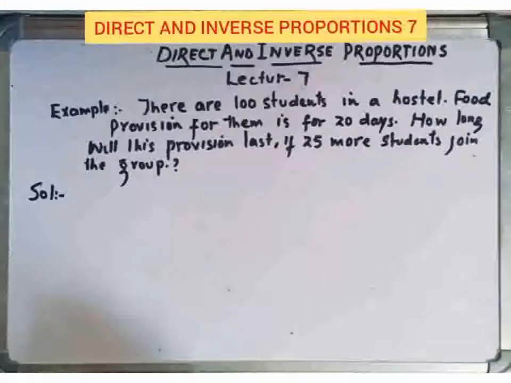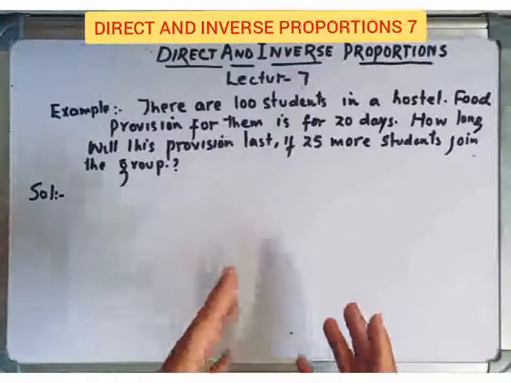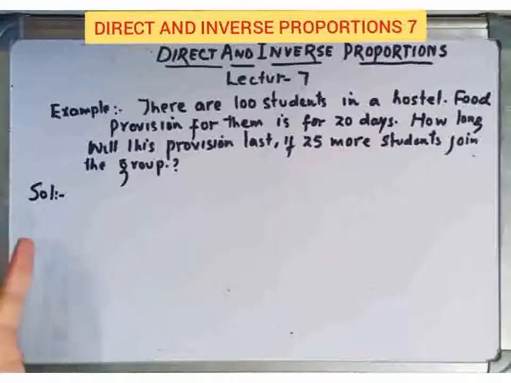Clearly this is the case of inverse proportions, because as the number of students increases, the availability of food will decrease. The number of days that the food will last will definitely decrease. So this is the case of inverse proportions, right?